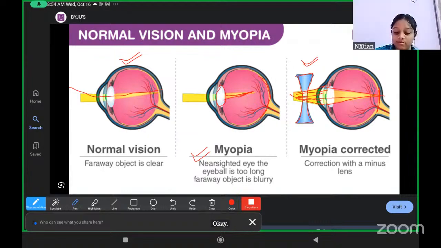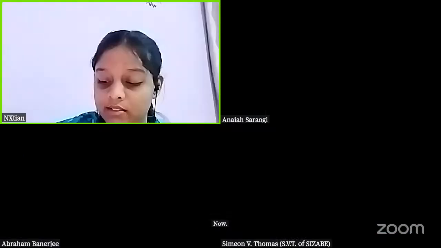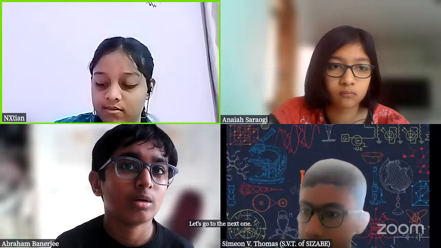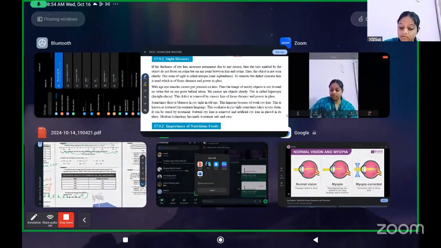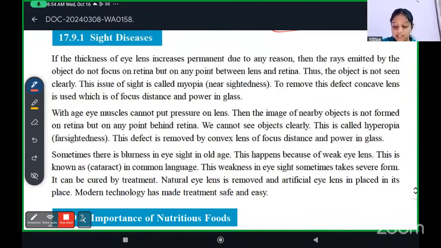Now let's go to the next one. To remove this effect, a concave lens is used, with the right focal distance and power in the glass.